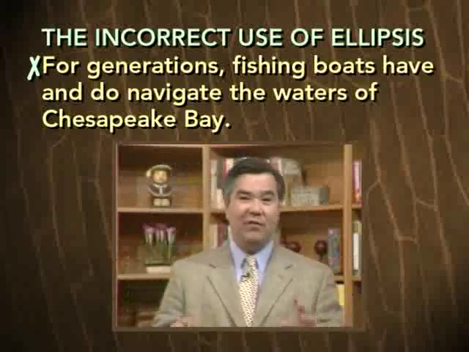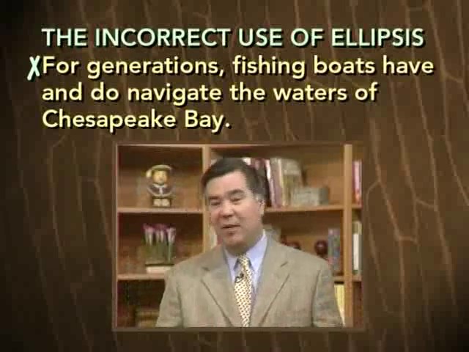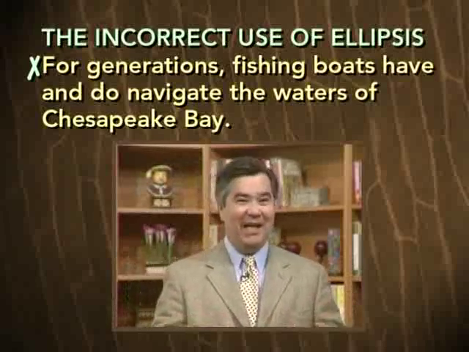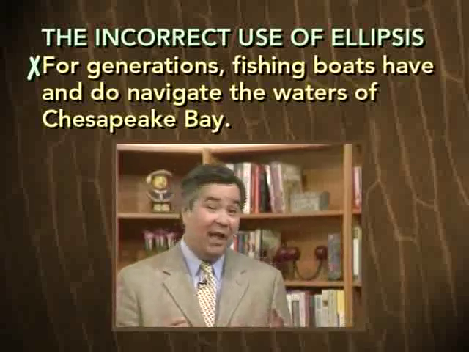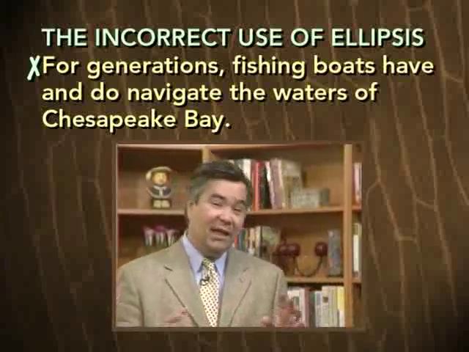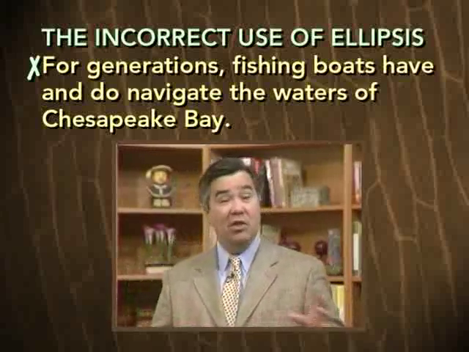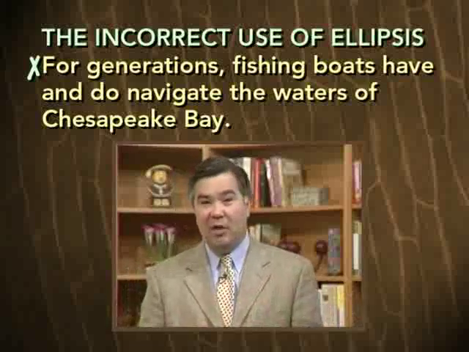He's trying to say that fishing boats have navigated the waters of Chesapeake Bay for generations, and they still do that today. So there are two parallel ideas being described here. And they could have been written out in parallel structure clauses. Instead, however, the author is trying to use ellipsis to make the sentence shorter by leaving out the repeated words.